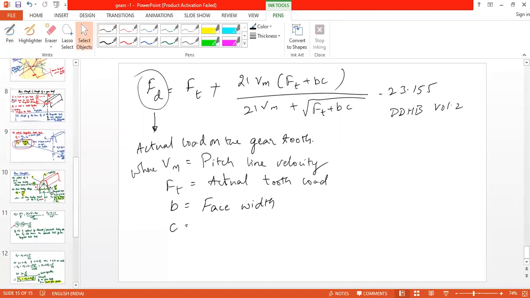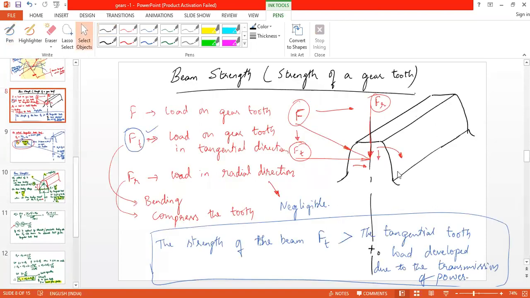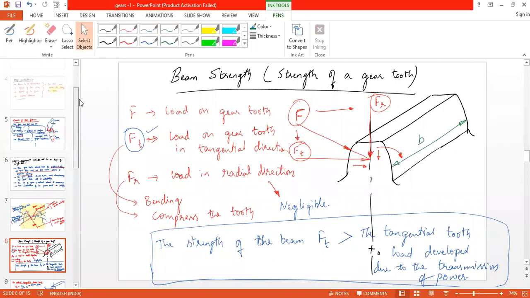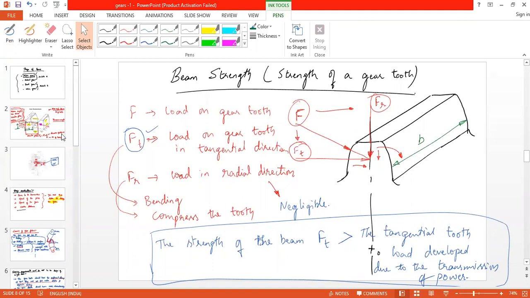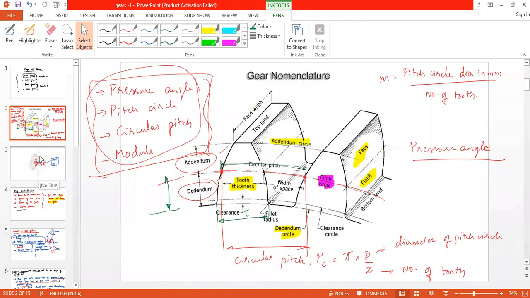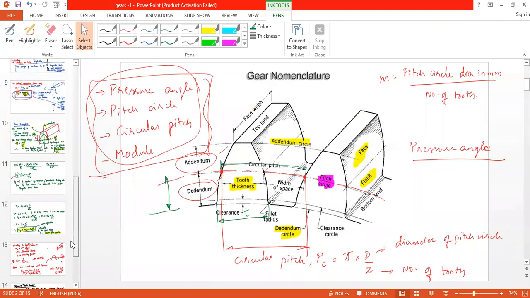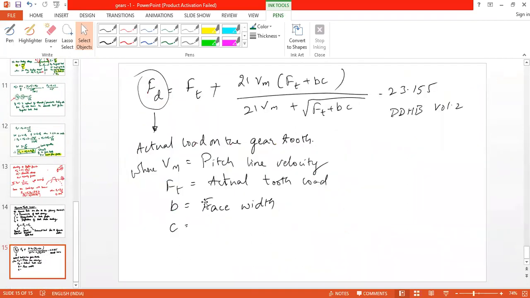And C is another constant, which is known as the dynamic factor.